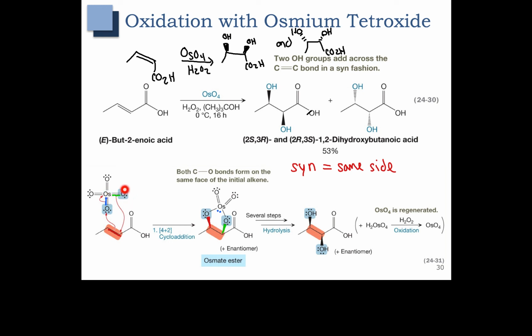And this osmium-oxygen bond comes down to form the green bond shown here. This intermediate, which is known as the osmate ester, is then hydrolyzed to give you both of the products for this reaction.